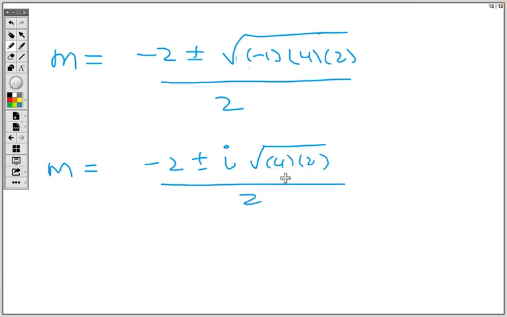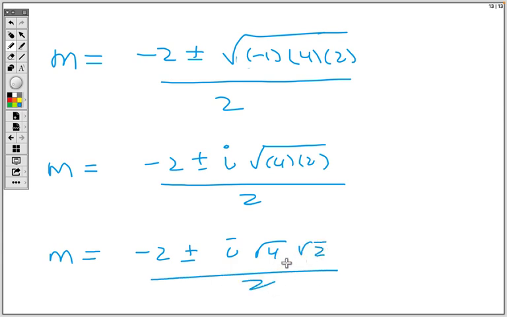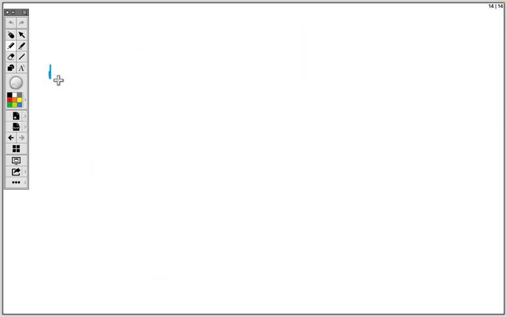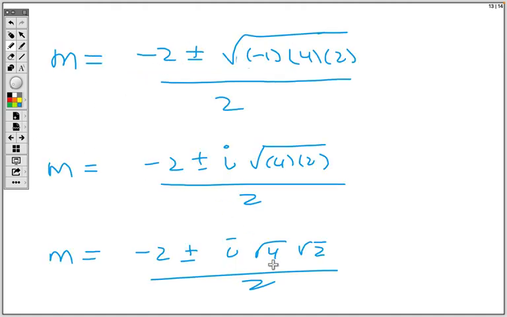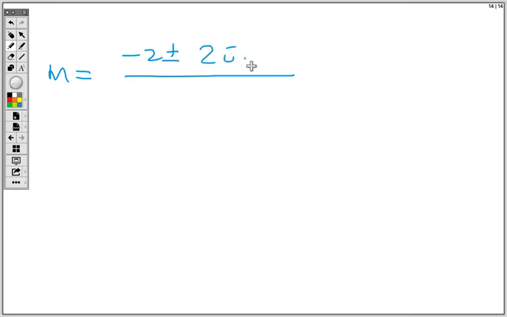The square root is really a power, so it works well with multiplication. So we get -2 plus or minus the square root of 4, which is 2, so that's 2i root 2, over 2.